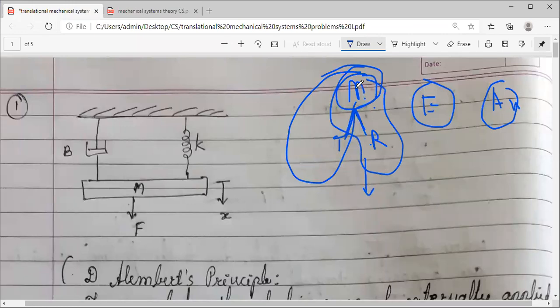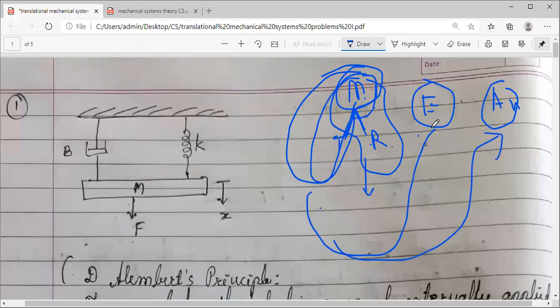The question will be extended from translational to analogous and electrical systems. Similarly, mechanical rotational, then electrical and analogous.